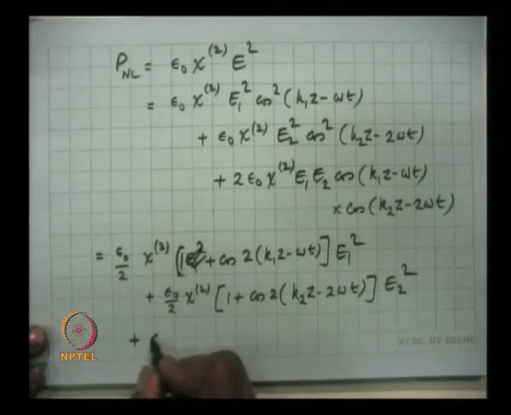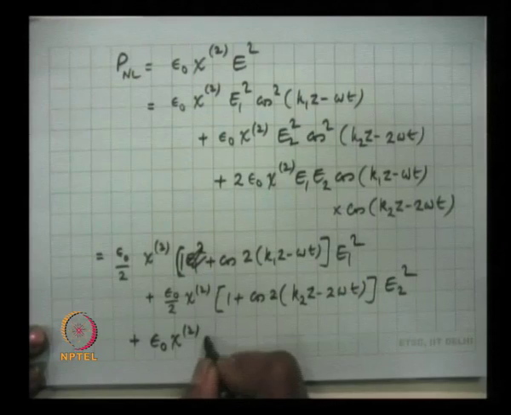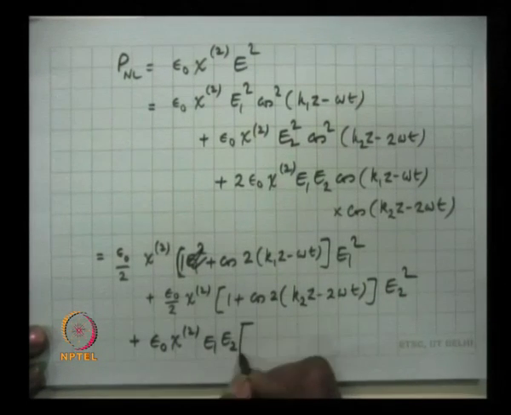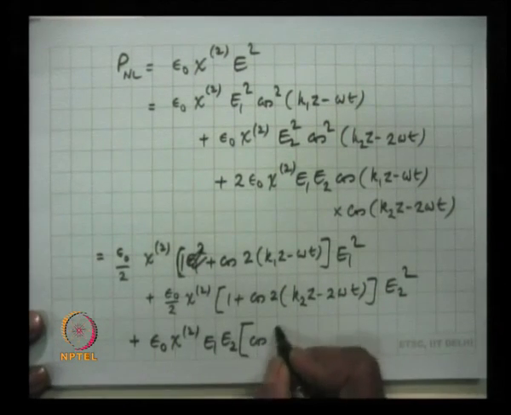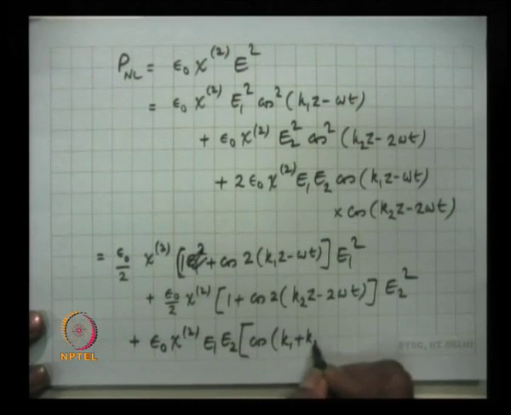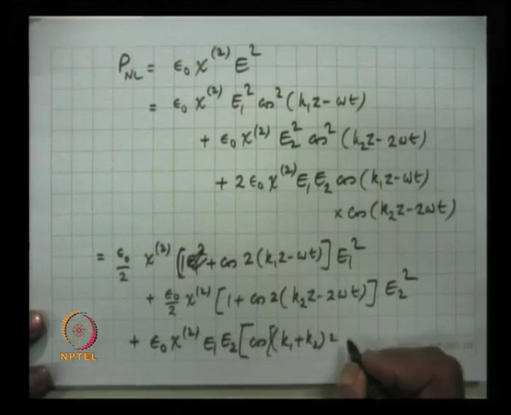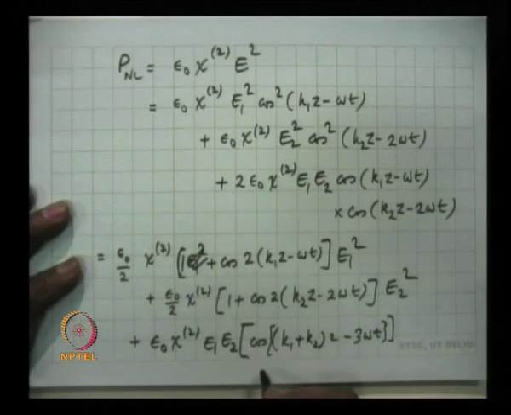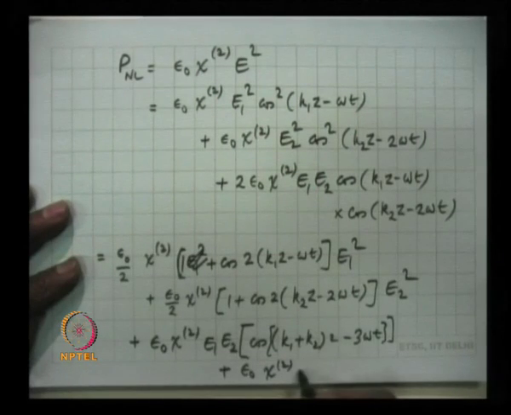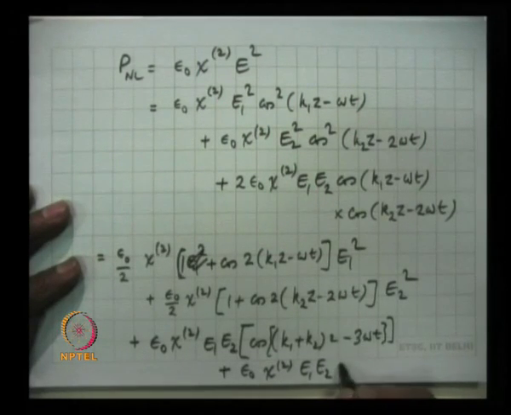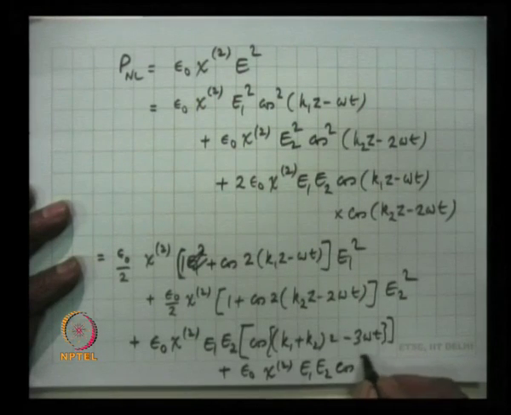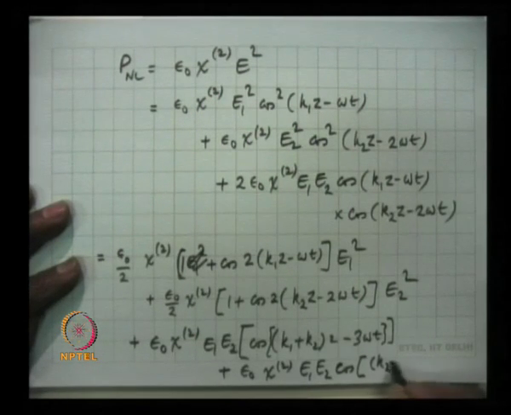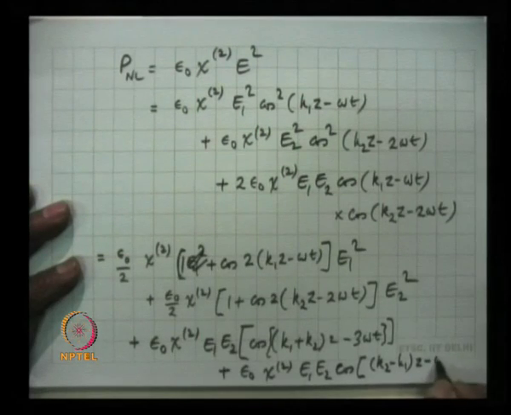So, I can write this as epsilon 0 chi 2 E 1 E 2 into cos k 1 plus k 2 z minus 3 omega t, and then I will have one more term which is plus epsilon 0 chi 2 E 1 E 2 cos k 2 minus k 1 z minus omega t.